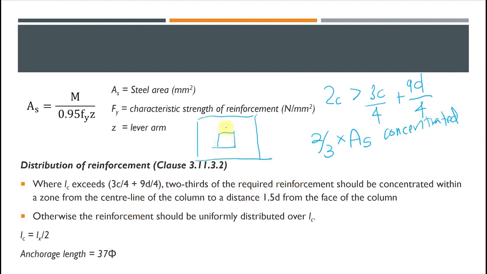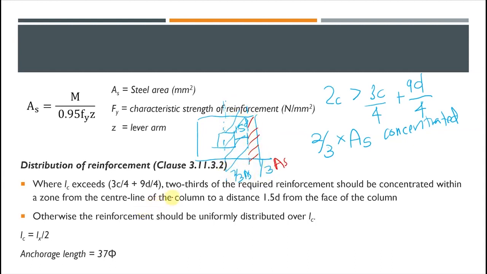Center line of the column is here. Your column is in the middle, right. To a distance 1.5D from the face of the column, to 1.5D here. So 2/3 will be concentrated in this area, 2/3 AS. And the other 1/3 will be concentrated in this area. The other 1/3 will sit here.